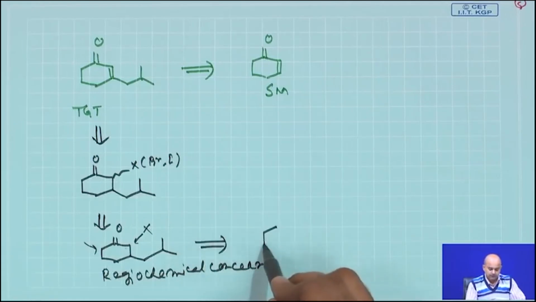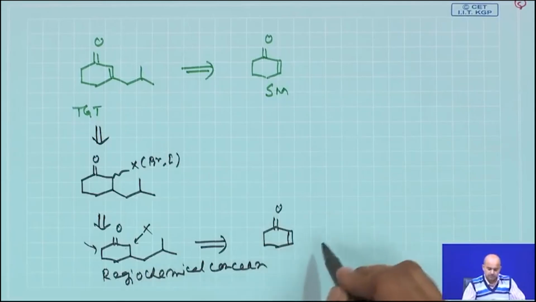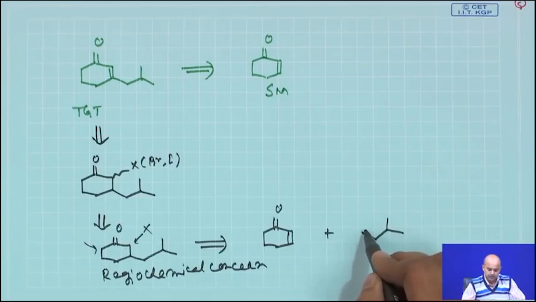Now, this compound, as I said, you can easily construct by a simple Gilman type addition if you have this kind of copper lithium reagent.